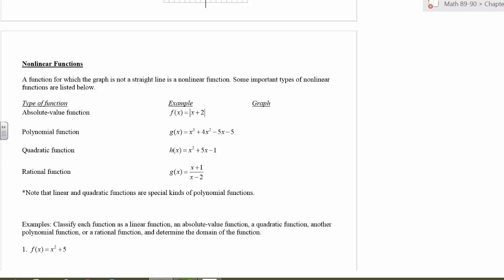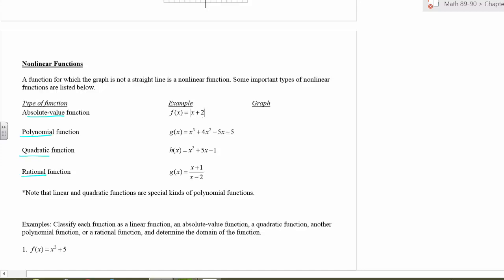Otherwise, this is a pretty good idea of what's going on with nonlinear functions. A function for which the graph is not a straight line is a nonlinear function. Some important types of nonlinear functions are listed below. We have 4 listed here: the absolute value function, a polynomial, a quadratic, and a rational function.